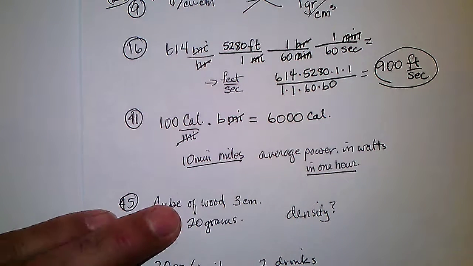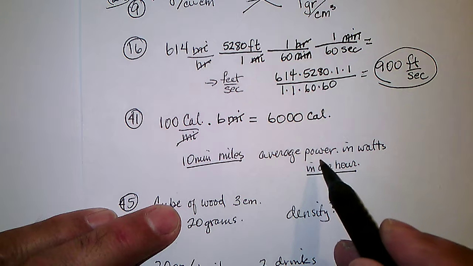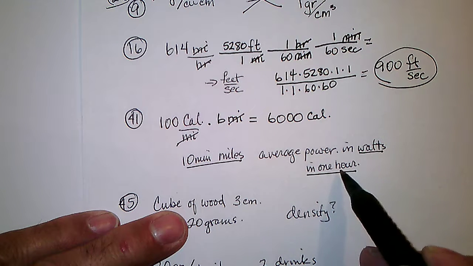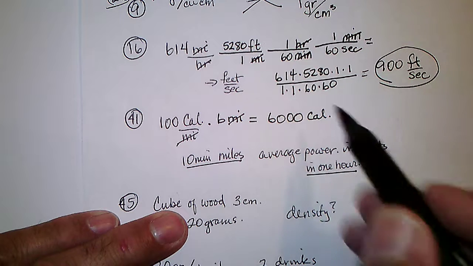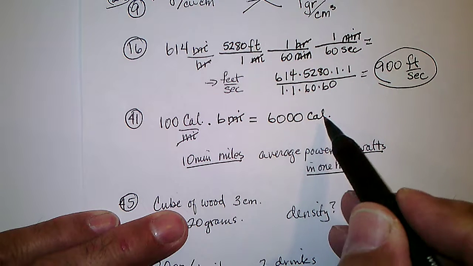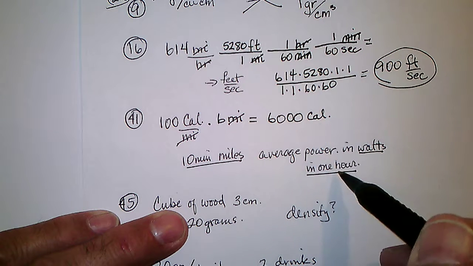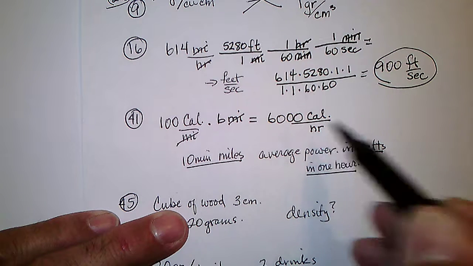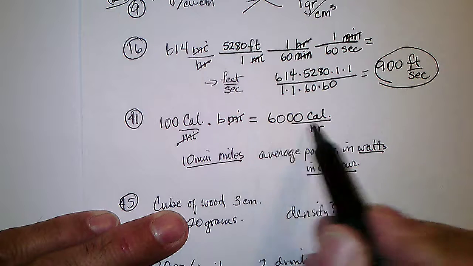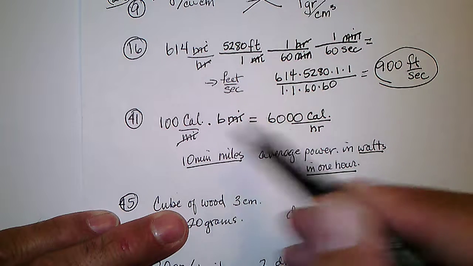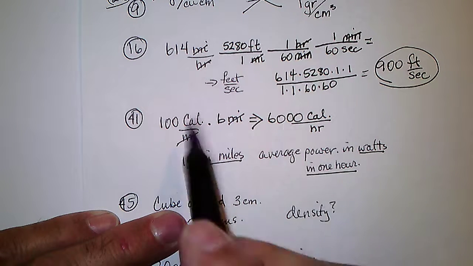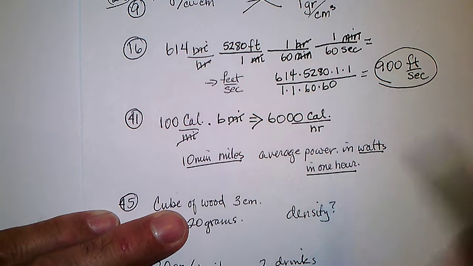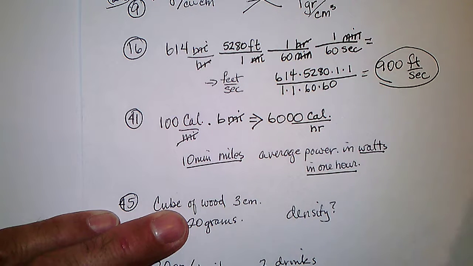All right, but they want the power. And if we want it in watts, it's got to be joules per second. 6,000 calories, and that would have been in 1 hour. So it's no longer equal. This gave us 6,000 calories, but it was in that 1 hour. So now we have to change it to joules per second.